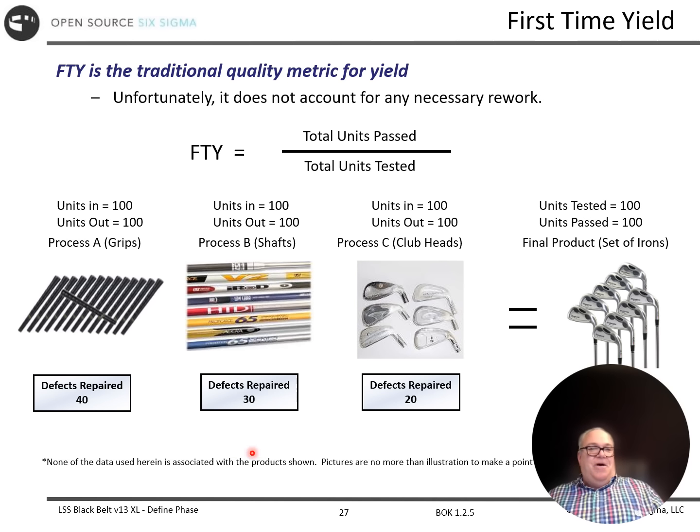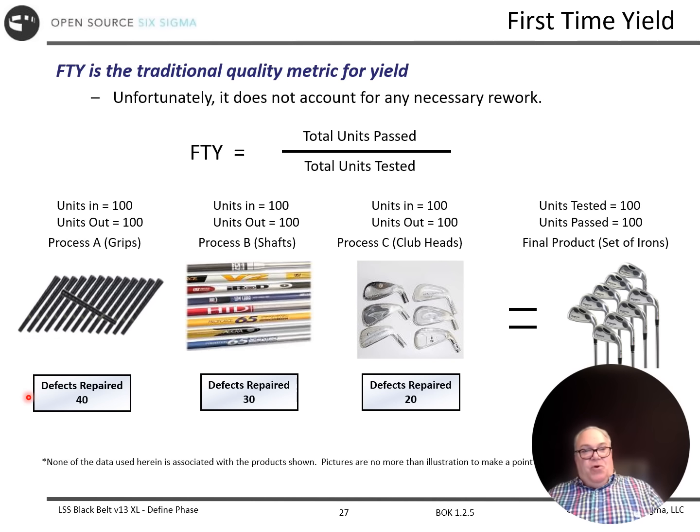But hey, along the way, we had to fix, right, 40 of the grips. We fixed 30 of the shafts, and we fixed, right, 20 of the club heads. Now, based on first time yield, 100 in equals 100 out. We're perfect. We're awesome, right? We didn't scrap anything. We didn't throw anything away.